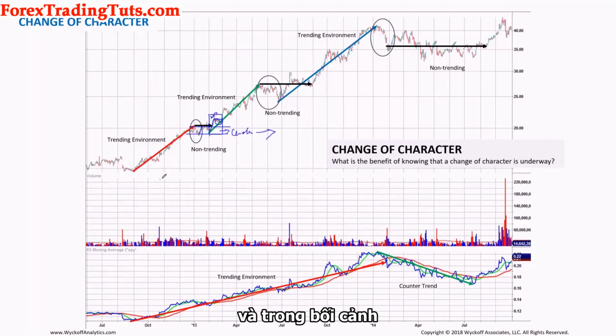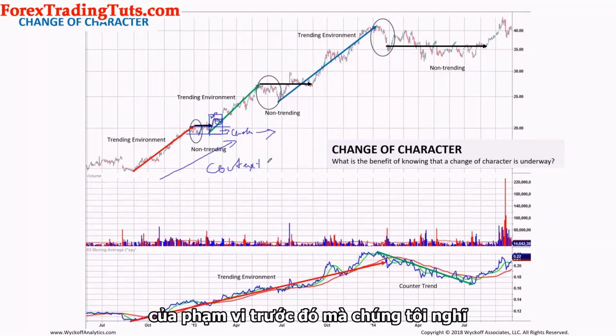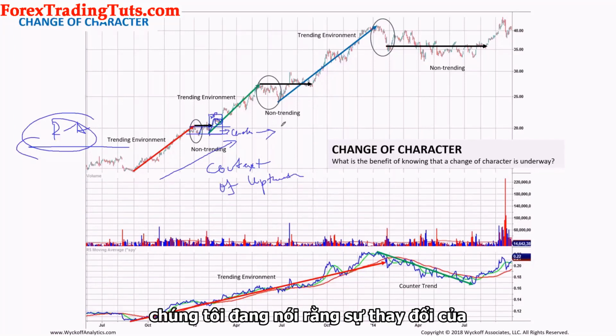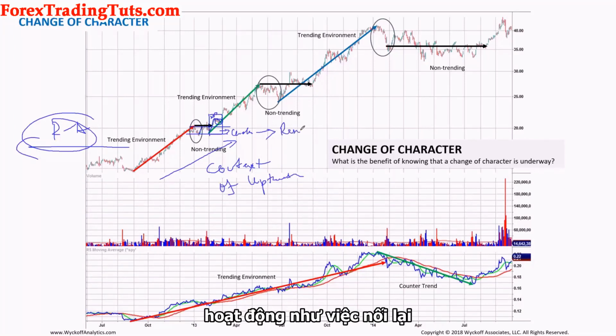And within the context of the previous range, which we thought was a reaccumulation range, and then the context of the uptrend, we are saying that the change of character acts as a resumption of uptrend.